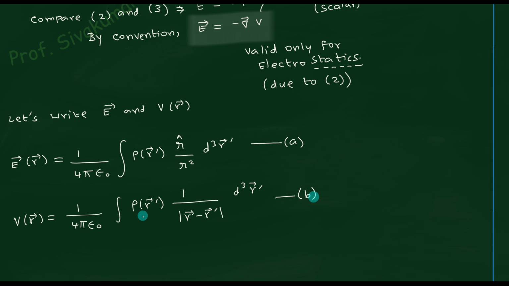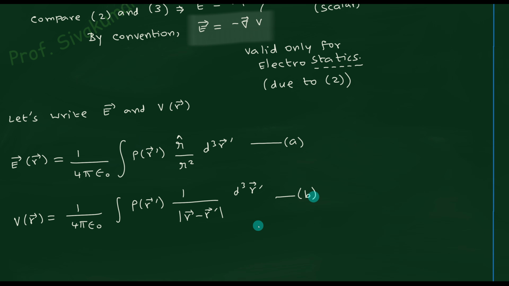But you can also argue that here also rho of r prime is there, so the voltage will fluctuate. That's nice. But unfortunately, this expression is based on curl of E equal to 0, and that itself is not valid for electrodynamics. Therefore, we don't want to consider this to be a general expression for the electric potential. That's a very important point that you'll have to note down.